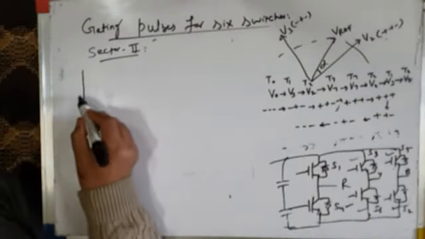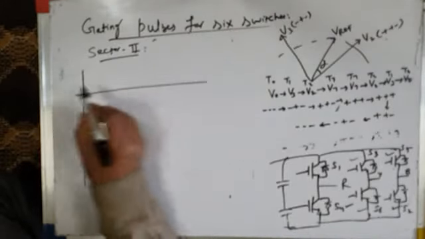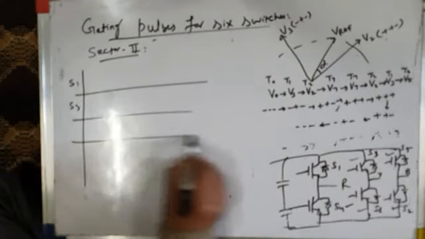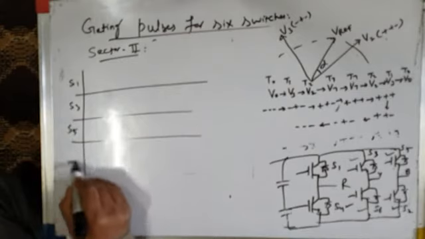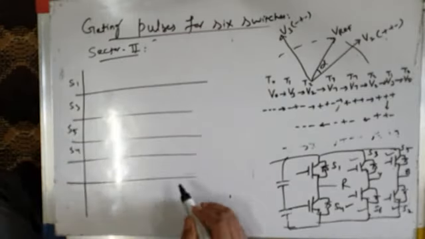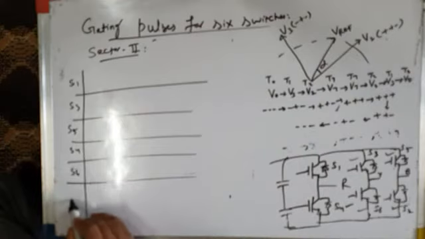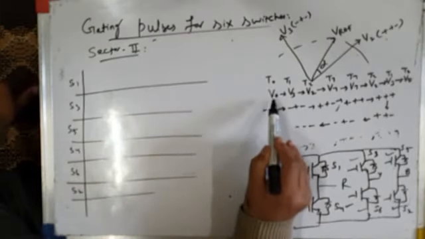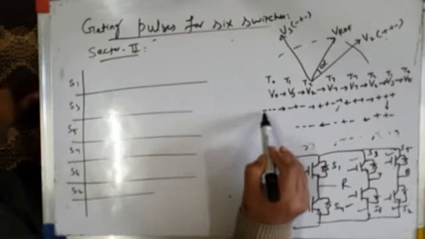Let us see the switching pulse pattern. S1, S3, S5, S4, S6, S2. In first time interval T0, R phase has a switching state of minus. इसका मतलब इसका bottom switch on है.